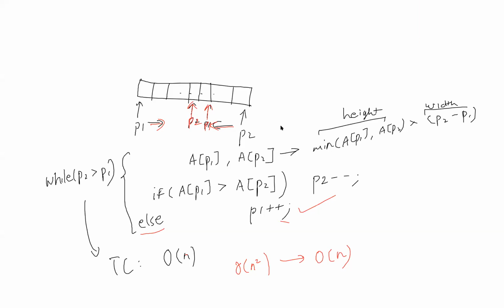The height we have optimized with minimum of A of P1 and A of P2, but the width should be maximum. So we are already maximizing the width. Can you see why? Because we are keeping pointers at maximum distance.